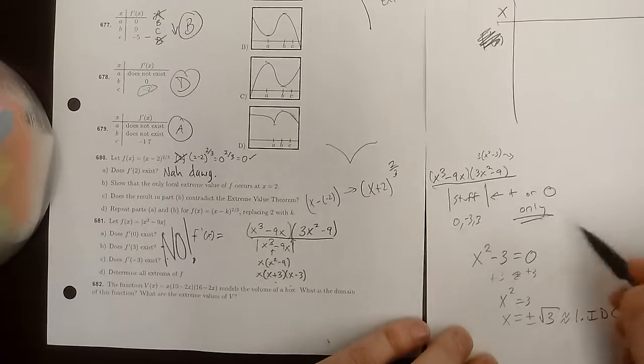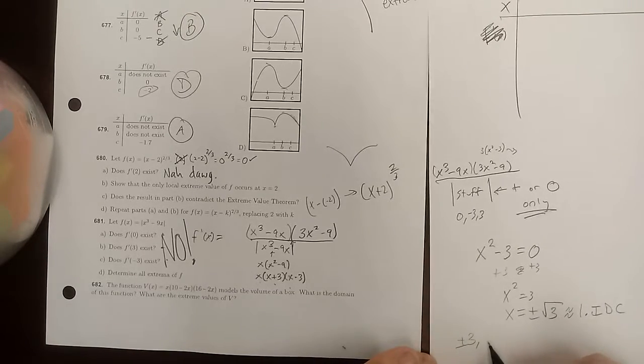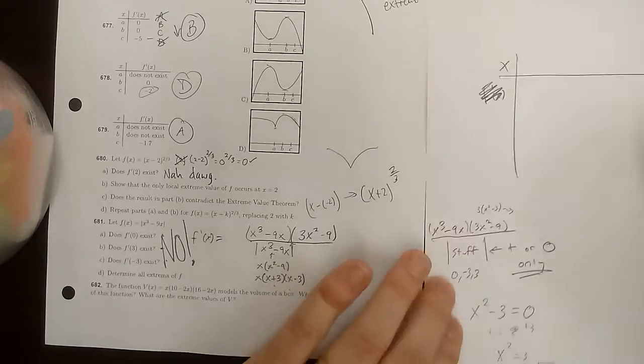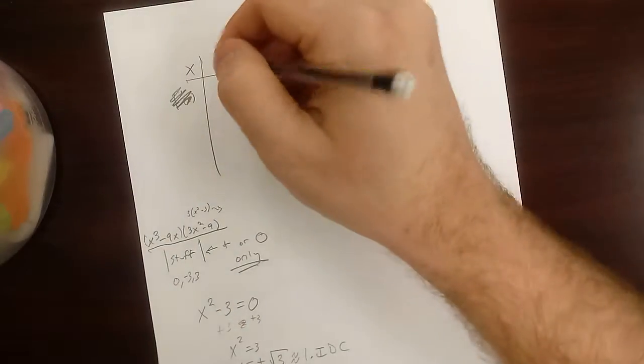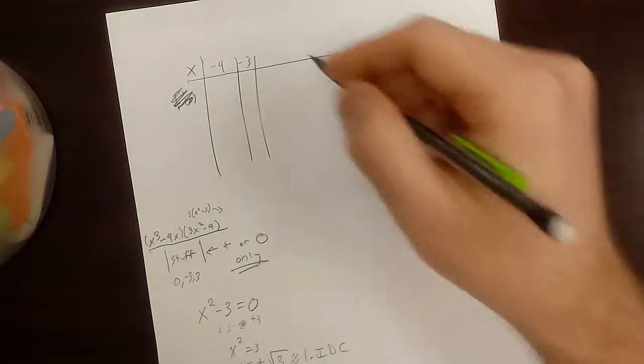So when we're setting up our sign chart, we've got plus or minus 3, 0, and plus or minus root 3. So when I go up here, our farthest is negative 3, and then I can pick a number, so I'll pick negative 4.